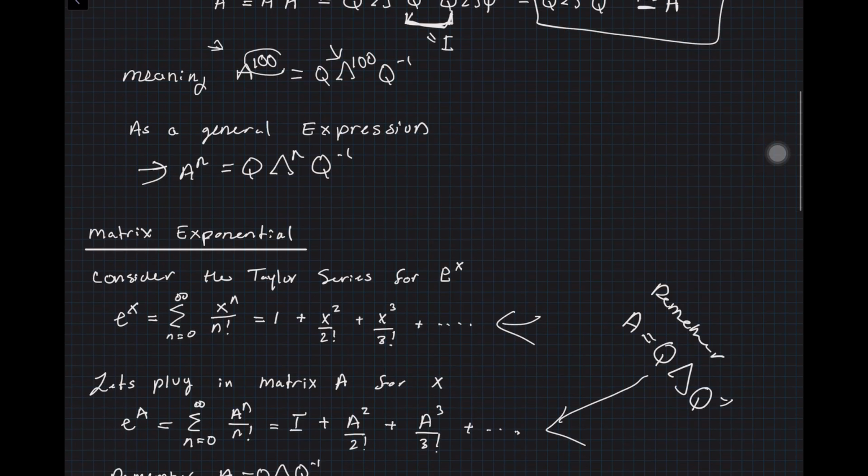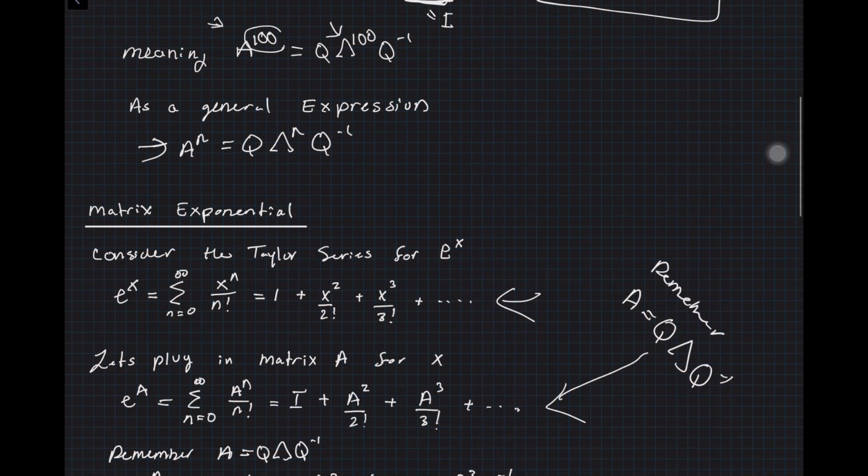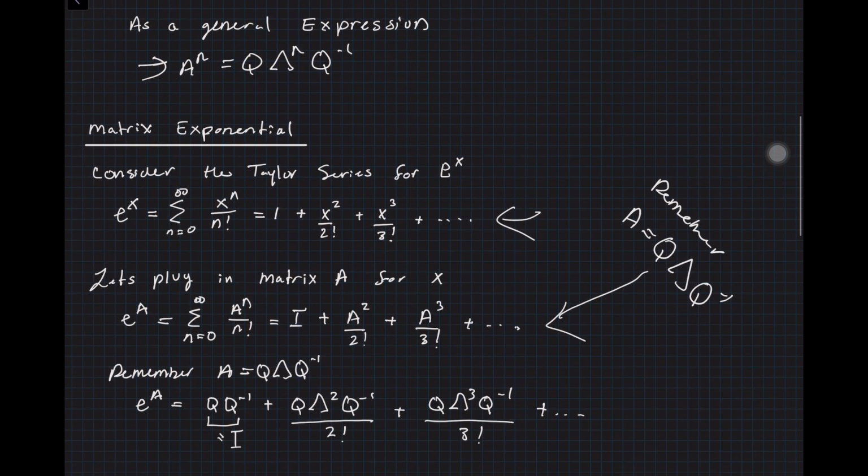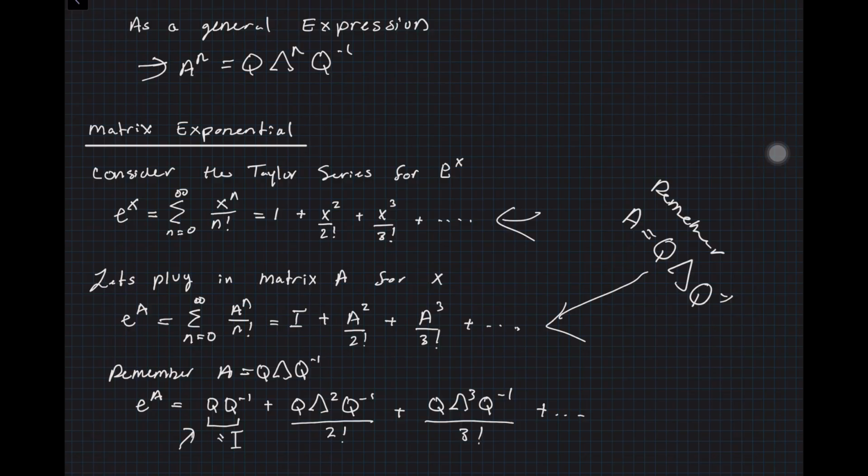So we plug it in, and we get this expression right here. Since we're dealing with matrices, the first term, the one, would be the identity matrix. And we can substitute Q and Q inverse for the identity. Whenever you multiply it, it'll still be the identity matrix.